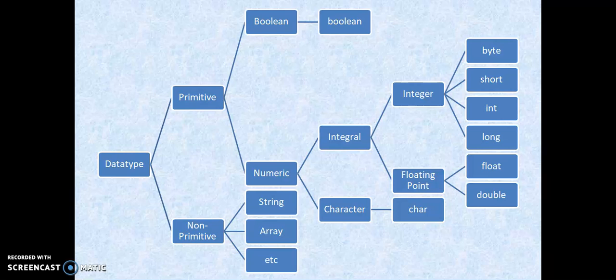Short is a data type which can store whole numbers from -32768 to 32767. Now when short is incapable of storing certain data, then we can use the int data type, which has a much bigger value range.